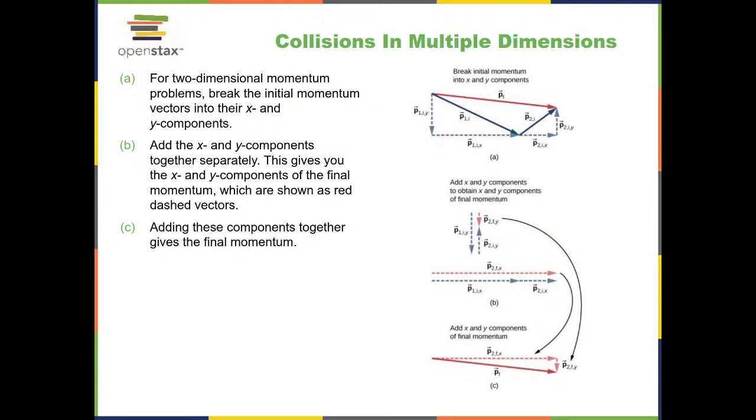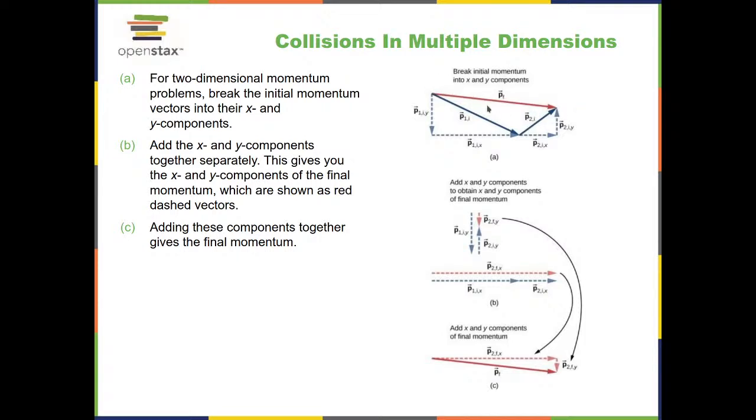One way we could use this to our advantage: since the coordinate system that we pick is somewhat arbitrary, oftentimes we'll pick the coordinate system such that the final total momentum is along a fixed direction. In this case, if there's only one final momentum vector, we could have picked that to be the x-axis and written everything in terms of it, which simplifies the math.